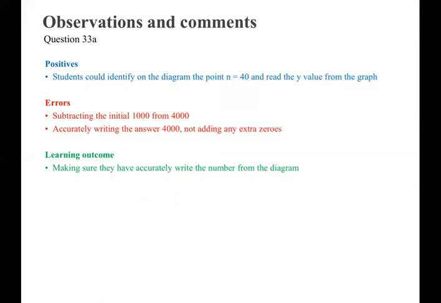So unless they were doing something like that, our learning outcome here would be to make sure even when it's an easier question, that they write that carefully, that it's not something they just go, oh, that's it, and quickly move on. They need to make sure that they are accurate in these easy answers as well.